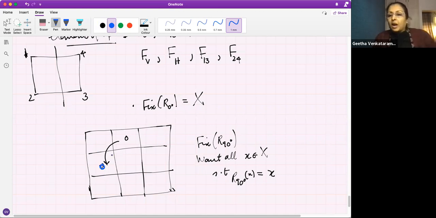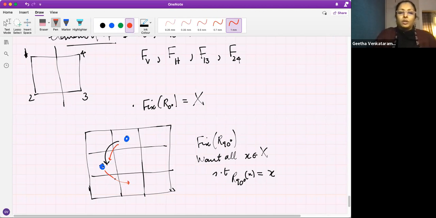But now we have a problem, because now my plastic card looks like this. If I do a 90-degree rotation, this hole moves here, but this hole will move here.